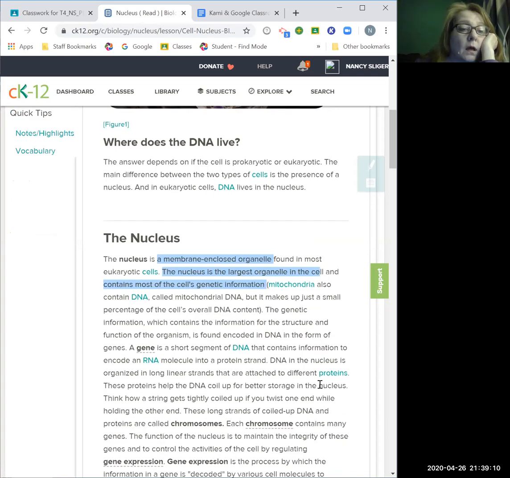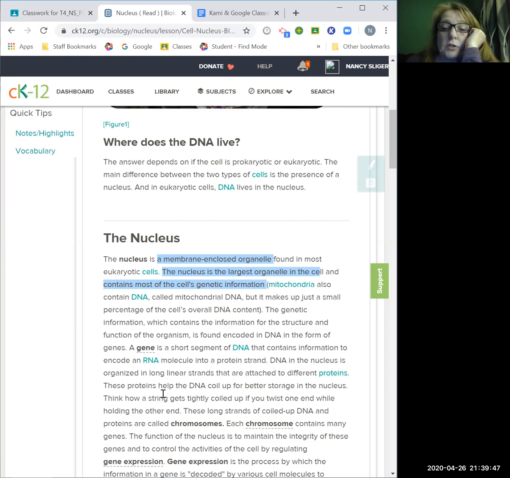Okay. And then a gene, when we talk about the nucleus contains the DNA. And DNA is coiled double helixes of the nucleic acid called deoxyribonucleic acid. And in your genes, which are made of the DNA, in your chromosome pairs, there are parts of the DNA that code for specific traits, and those are called genes.